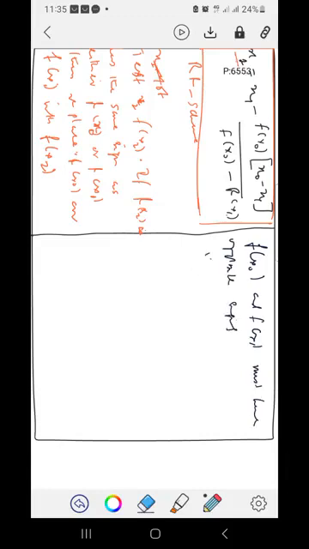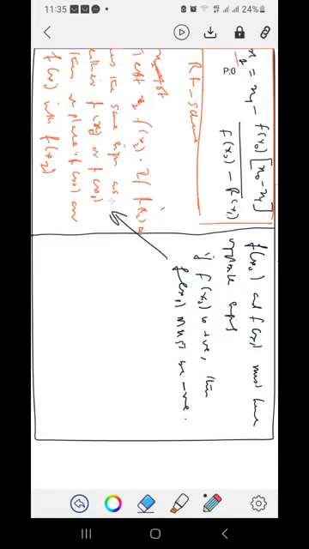That is, if fx naught is positive, then fx1 must be negative.